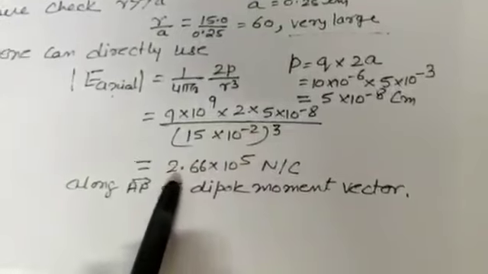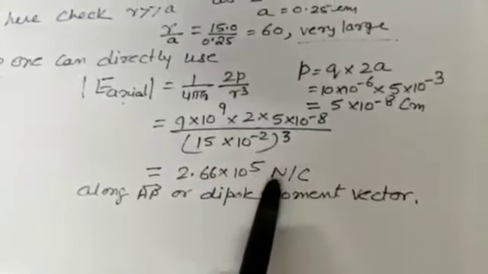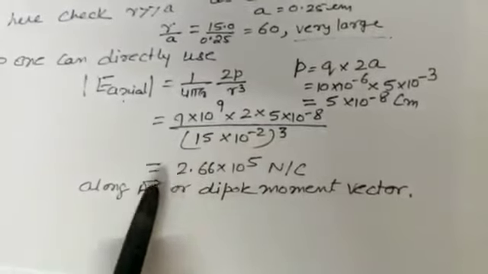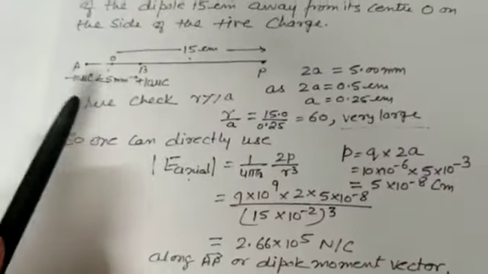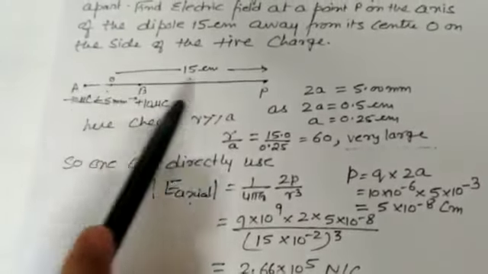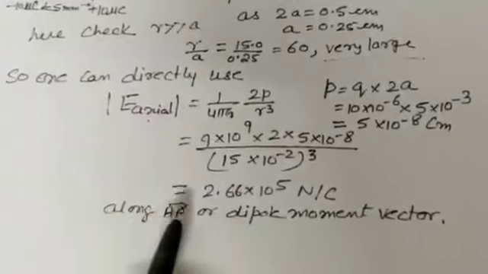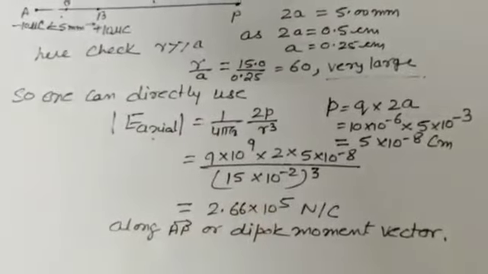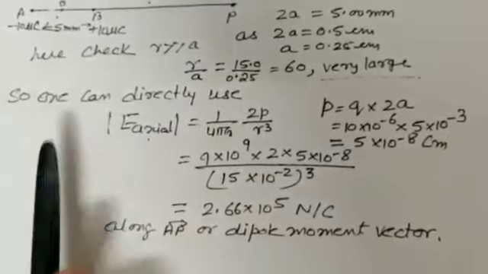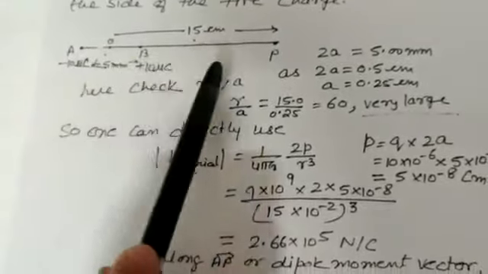The value comes out as 2.66 into 10 to the power 5 Newton per coulomb. This field will be along the dipole moment vector; net field will always be along AP, as we have found. So the final value is 2.66 into 10 to the power 5 Newton per coulomb along the dipole moment vector, minus charge to plus charge.